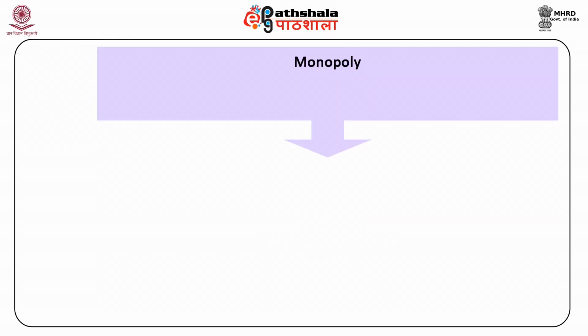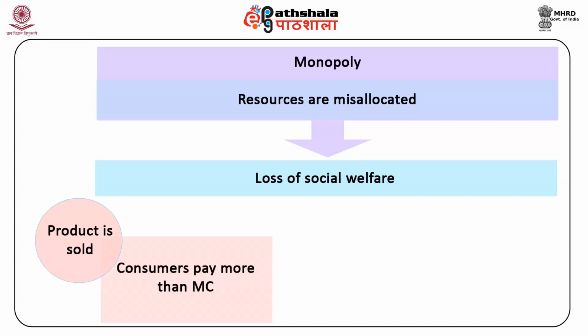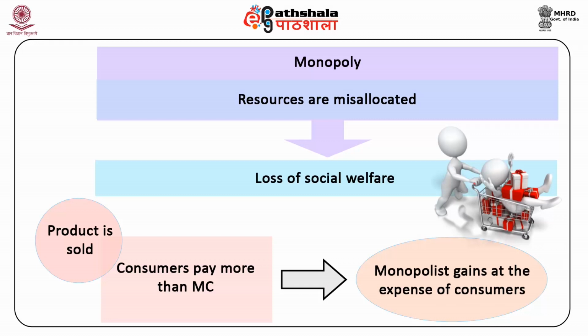Under monopoly, resources are misallocated, which results in the loss of social welfare. When a product is sold under conditions of monopoly, the price that consumers pay is more than the marginal cost. Due to this higher price, the monopolist gains at the expense of the consumers.